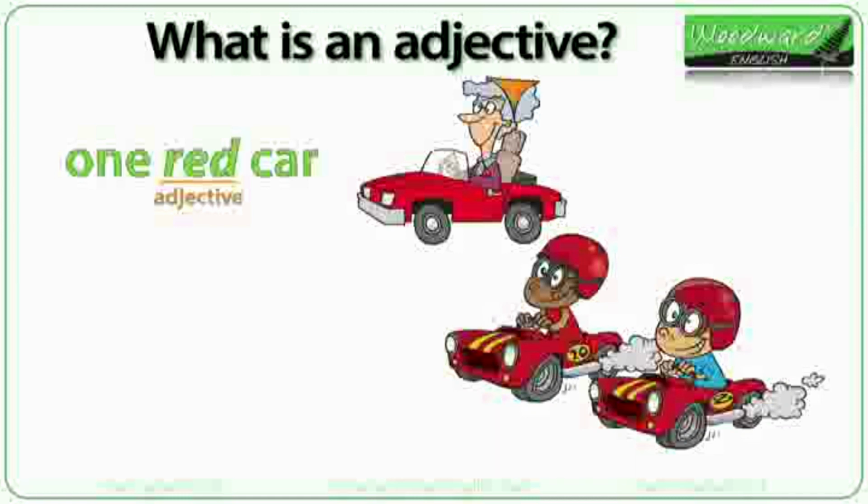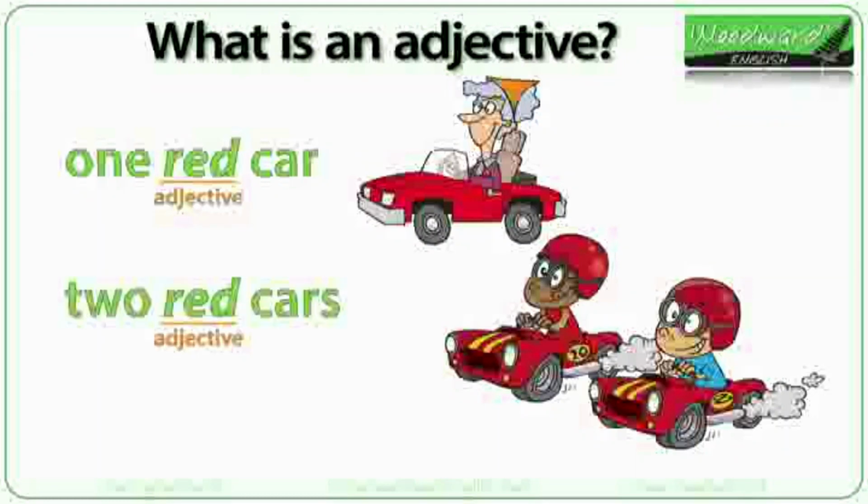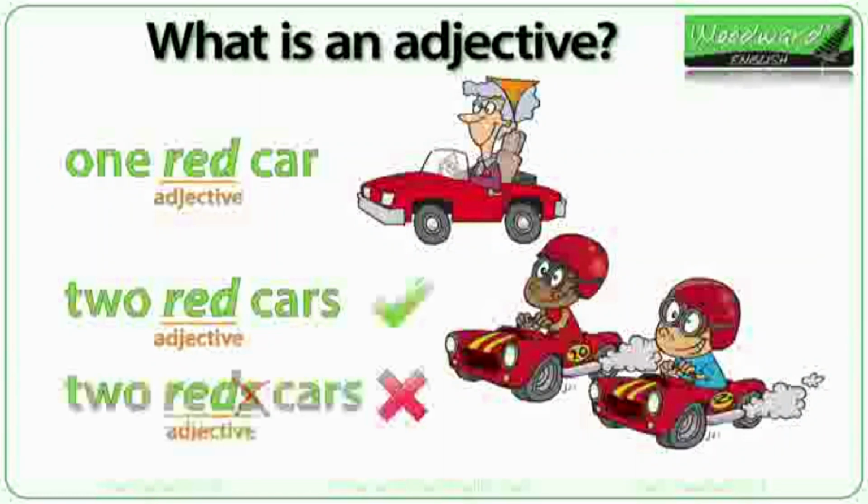When there is more than one car, for example, 2 cars, the adjective red does not change. We say 2 red cars. Red is used with 1 car, and red is used for 2 cars. We do not say 2 reds cars. No, there is no S at the end of red.